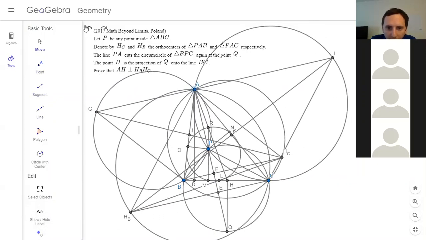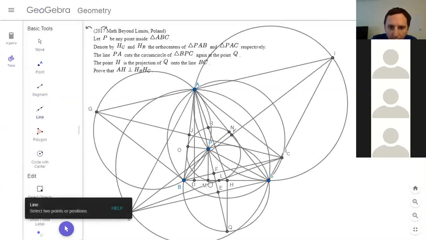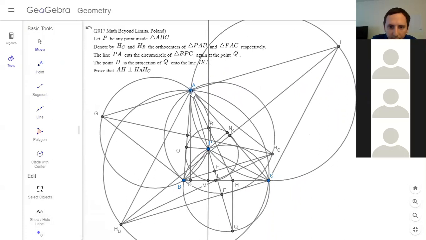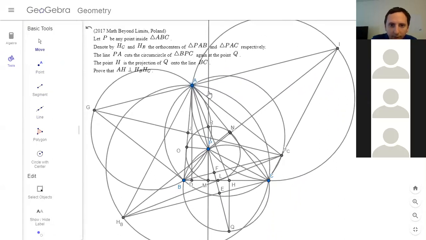Yeah, PM and AH, let me make 100% sure, but that should be true, that PM and AH intersect on the circle, yes.